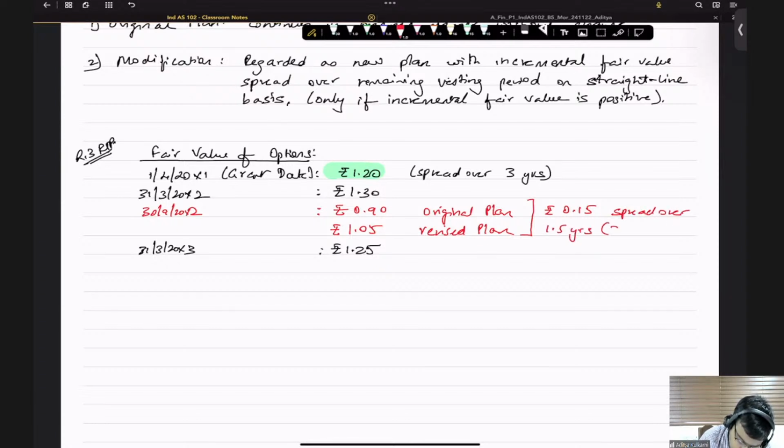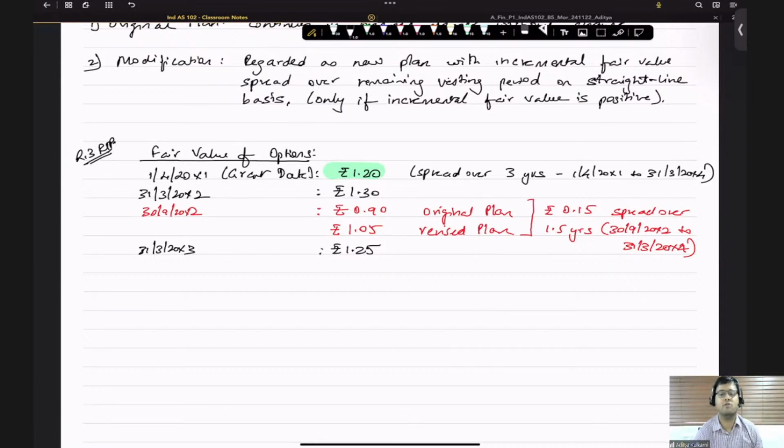Sir, which 1.5 years? 30th September X2 to 31st March X4. Spread over 3 years means which 3 years? 1st April X1 to 31st March X4. So this is how the options will be spread over. This is the first step, fair value of options.